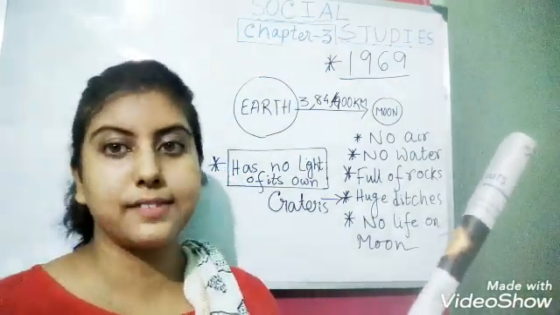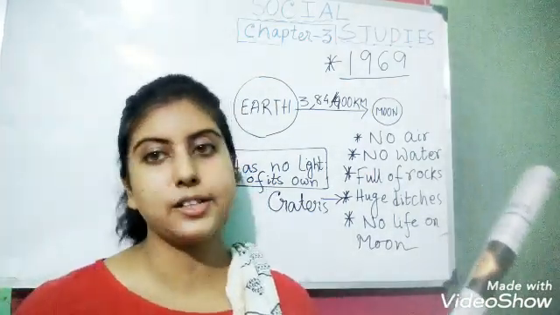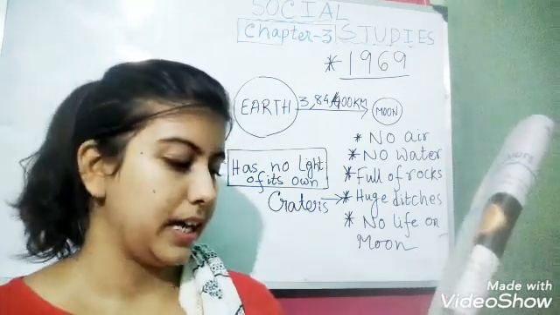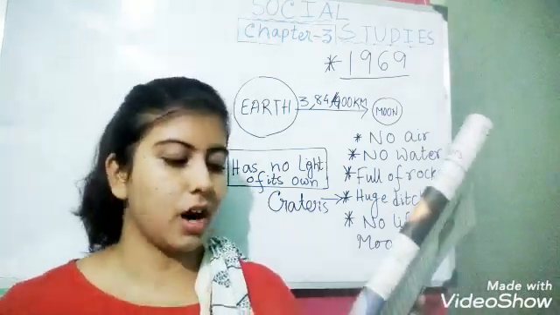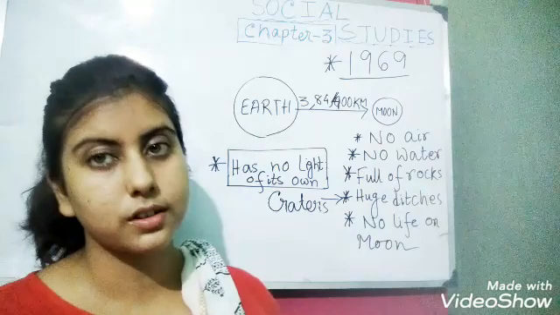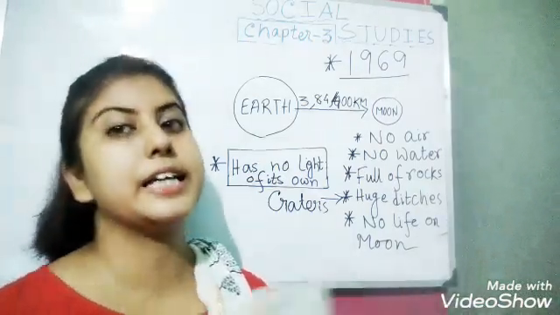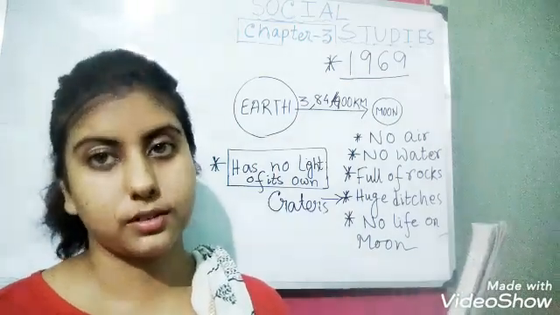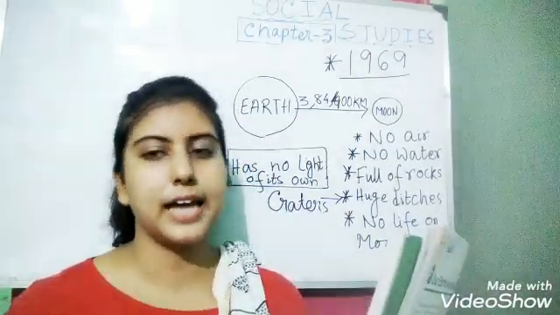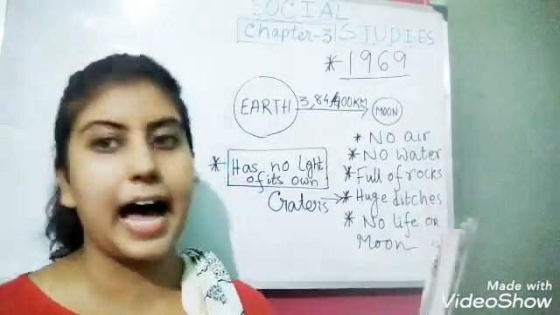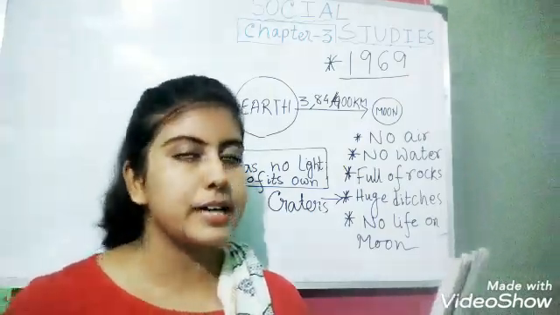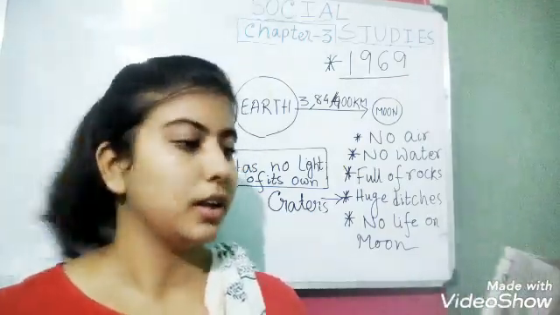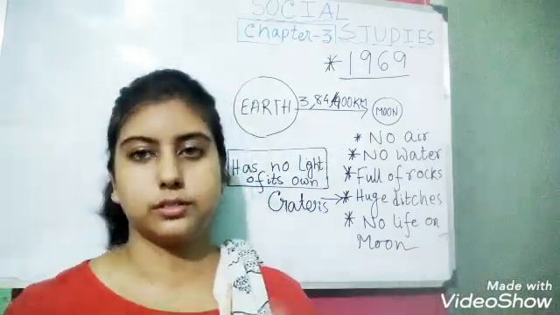The moon has no air and water. Its surface is covered with rocks, mountains, and huge ditches called craters. Because of the absence of air and water, life is not possible on the moon.